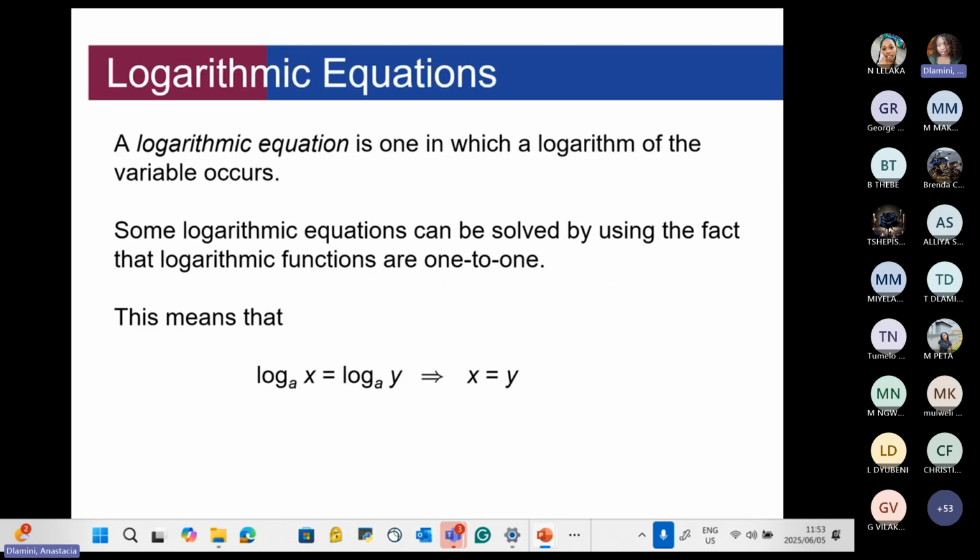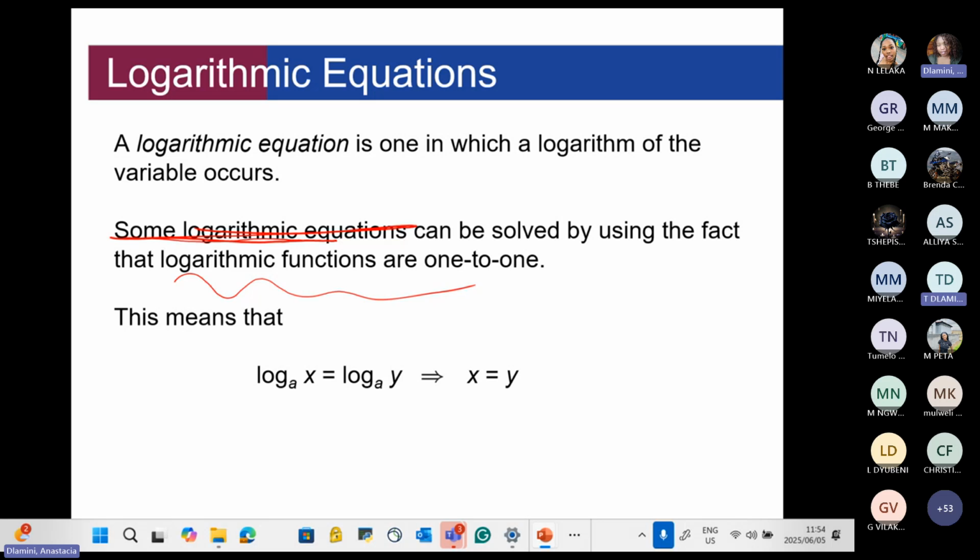Logarithmic equation. A logarithmic equation is one in which a logarithm of the variable occurs. Some logarithmic equations can be solved by using the fact that a logarithmic function is one-to-one. They're saying some equations, meaning that there are equations where you can't use the one-to-one property, for reasons we will not use now, but later on.